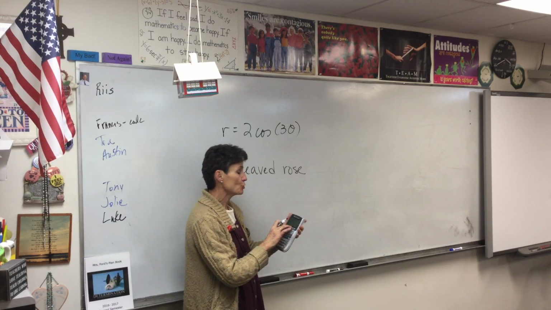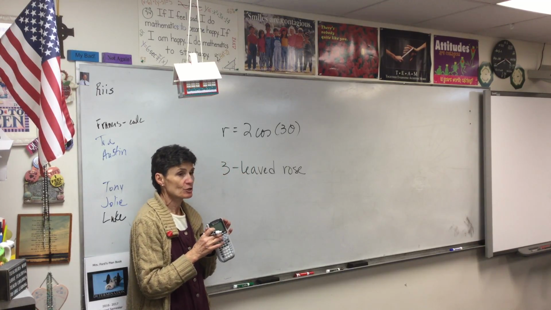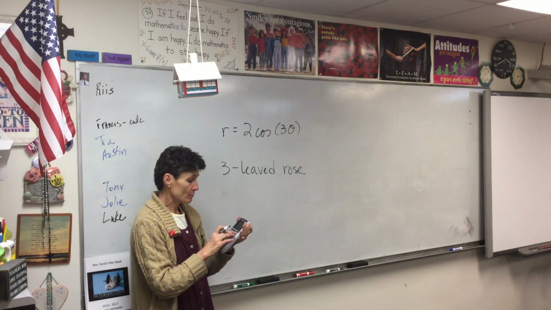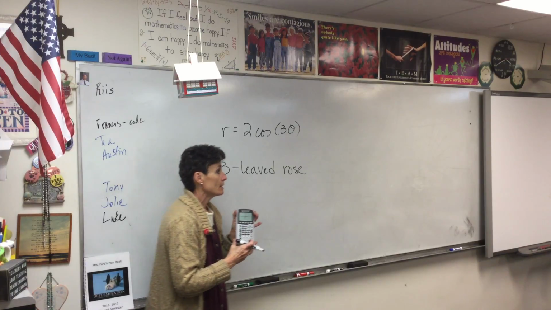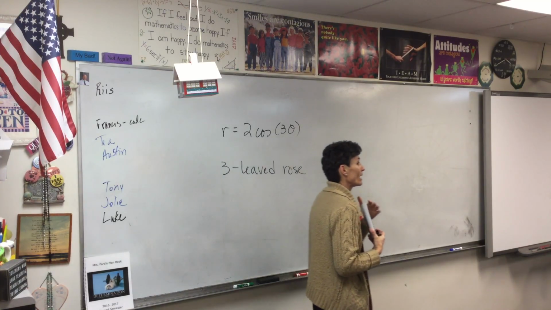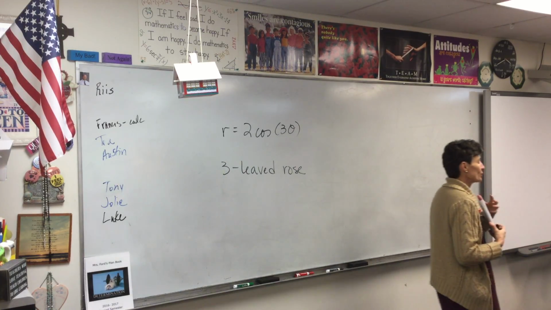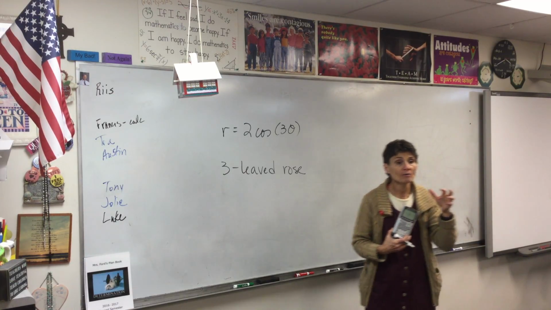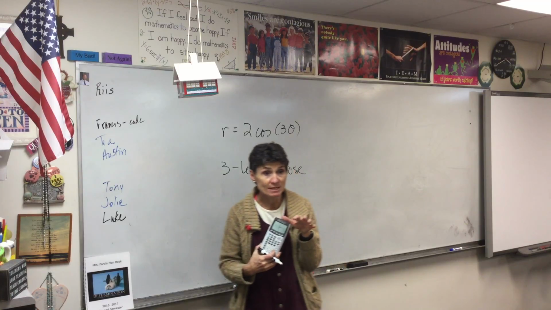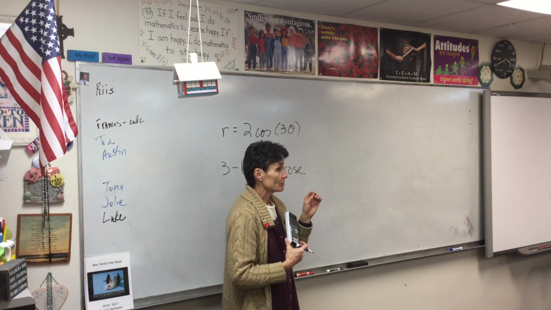So press the zoom button right here on the top, and then go down to number 5, which is zoom square. When you hit zoom square, it will square up the screen for you so that everything is the same size. All the leaves are the same size. You see what I mean?